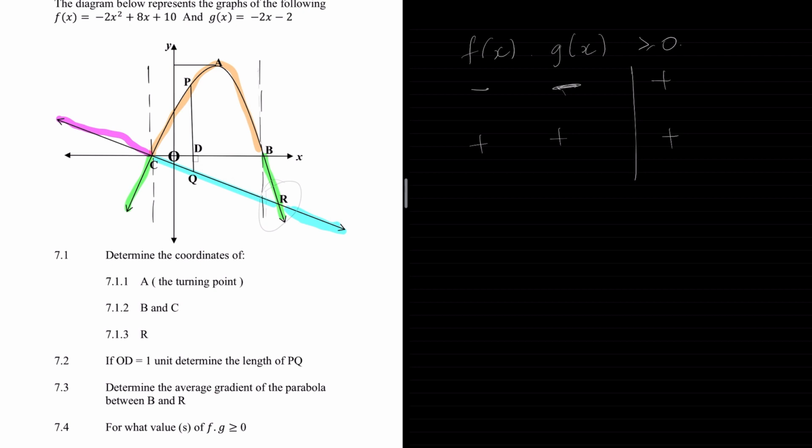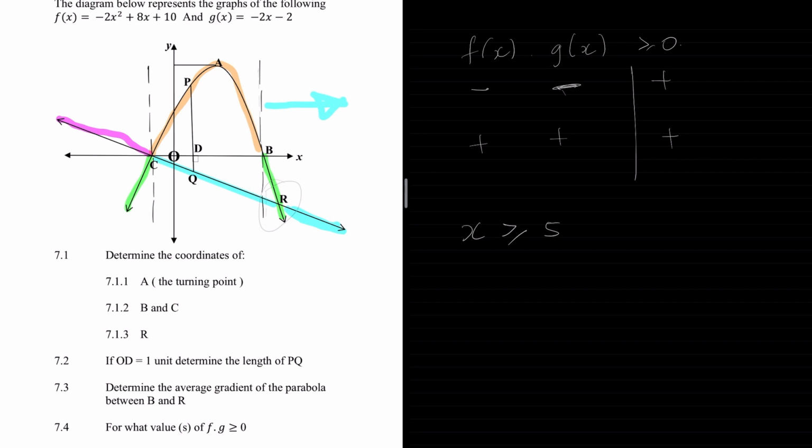They are not both positive in the same region. So that's out of the question. But where are they both negative? They are both negative this way, beyond that point. So we can state that x must be greater than or equal to 5.